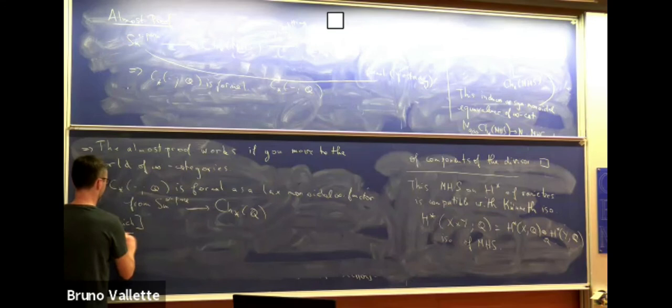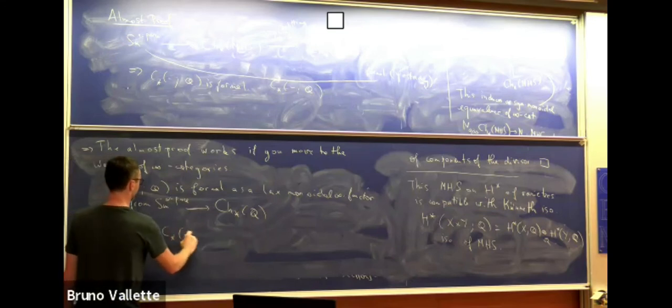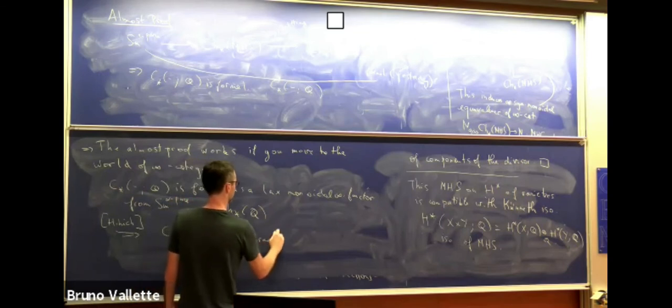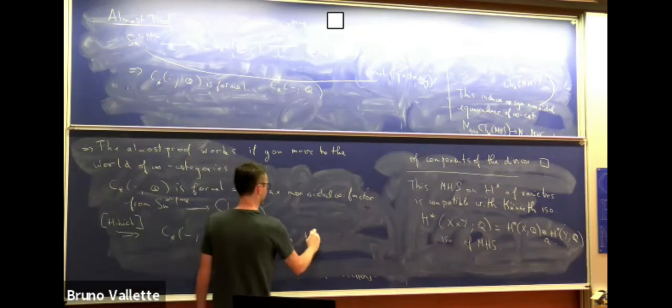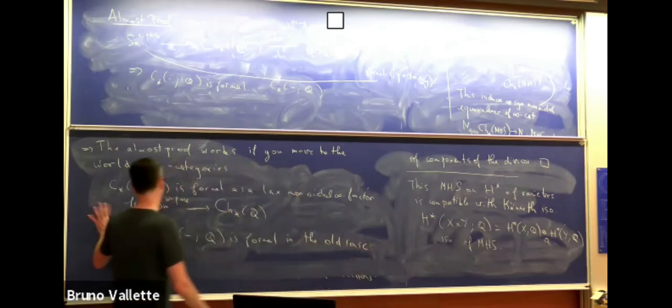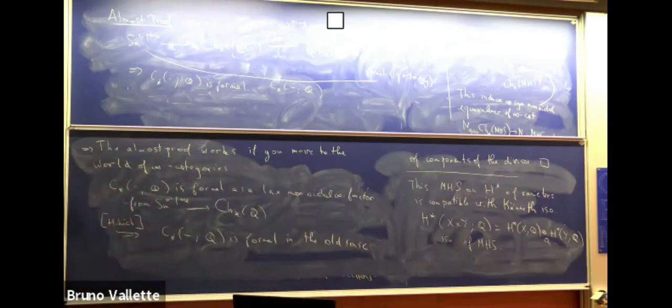So in fact, this implies that the singular chain functor is formal in the old sense. This result of Hinich is certainly not trivial. But on the other hand, if you're a believer in infinity categories, you should not even care about this, and this should be good enough for any purpose.